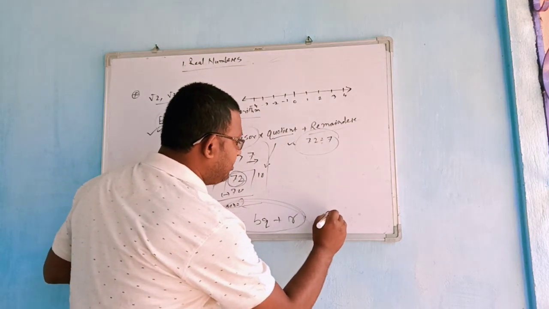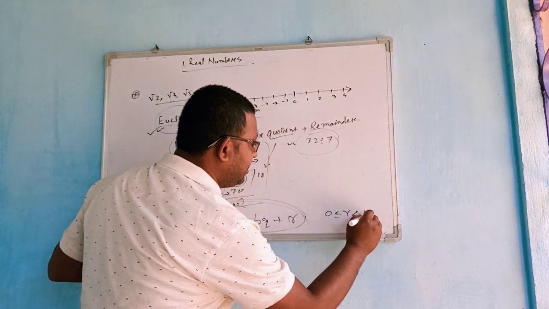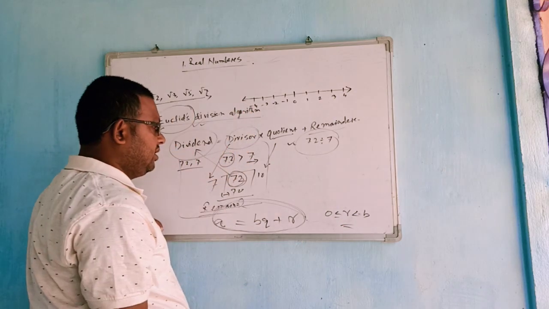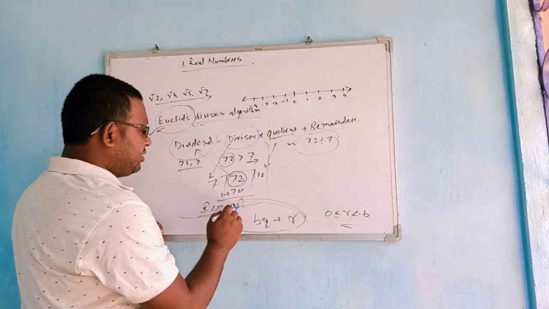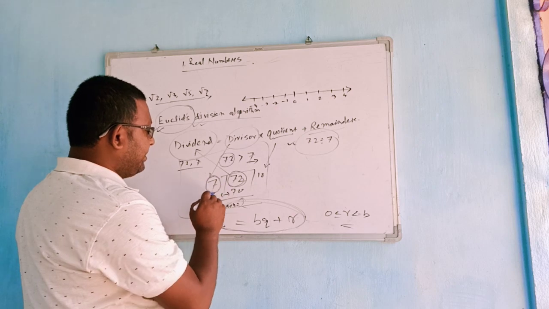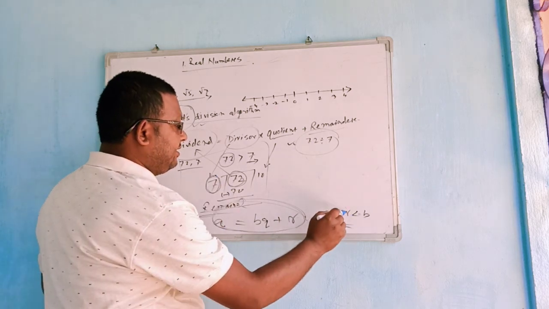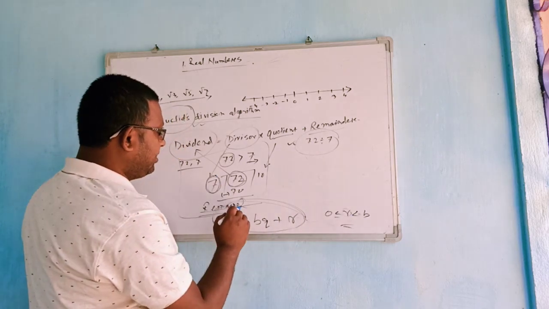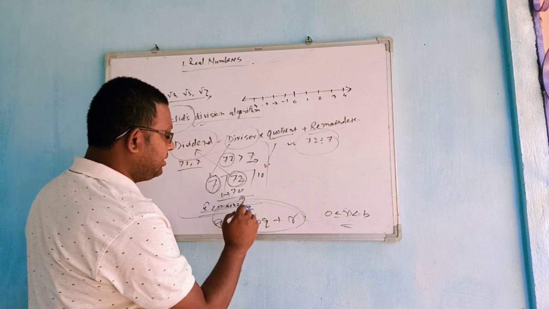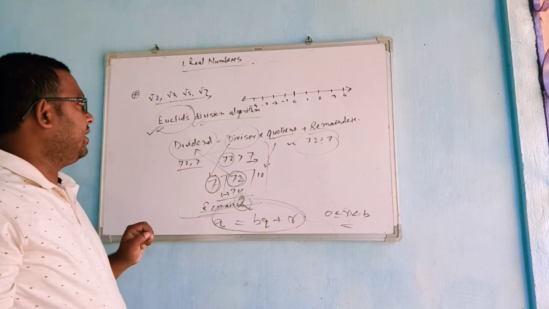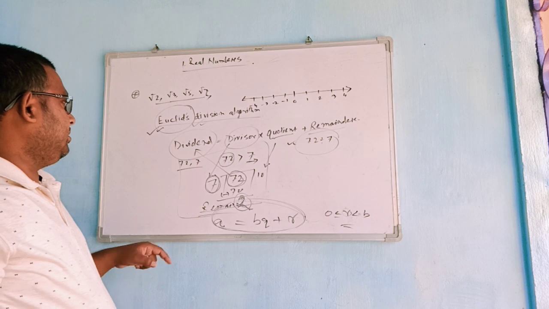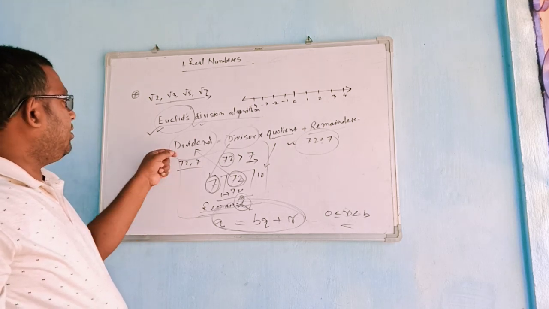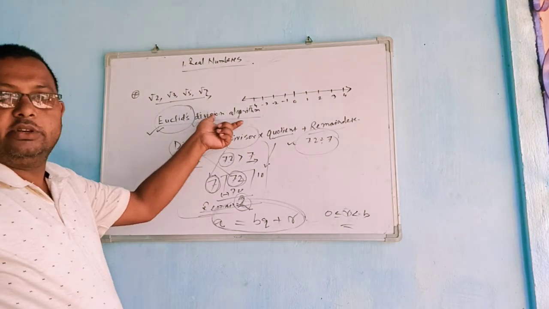Here the condition 0 ≤ R < B is satisfied. Here the divisor is 7 and the remainder we got is 2, which is less than the divisor.